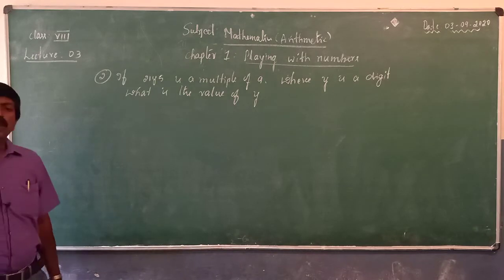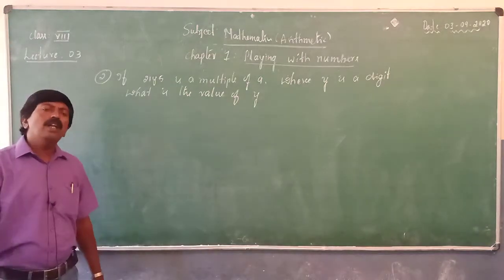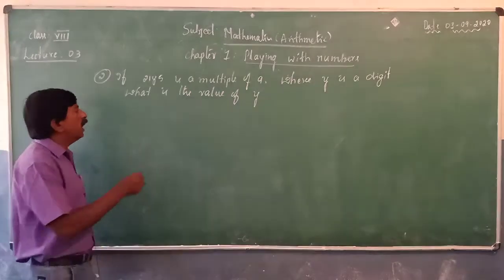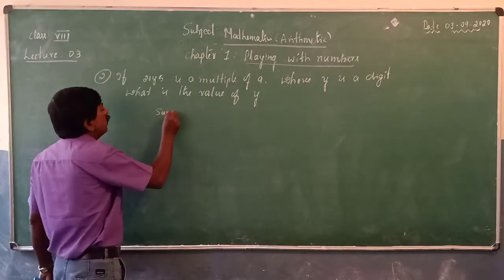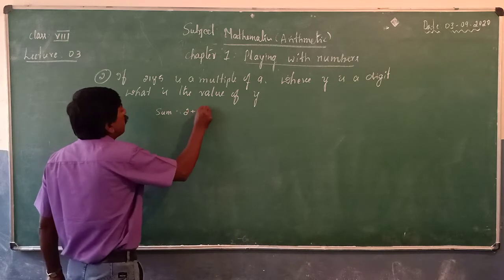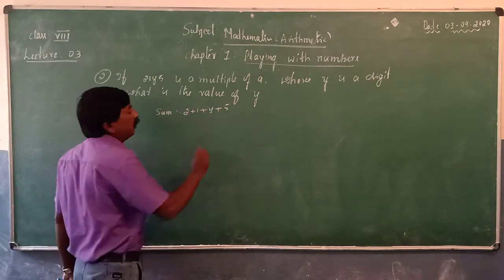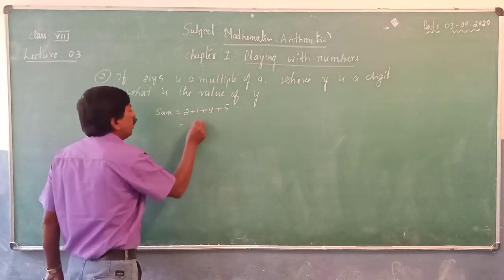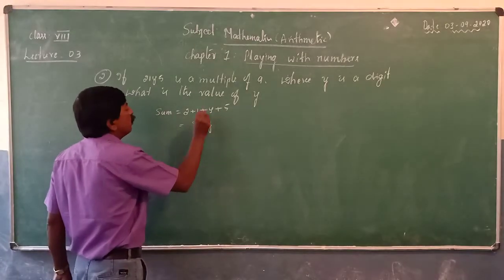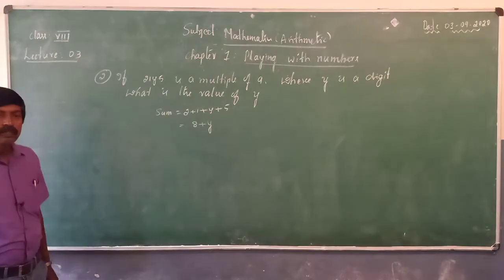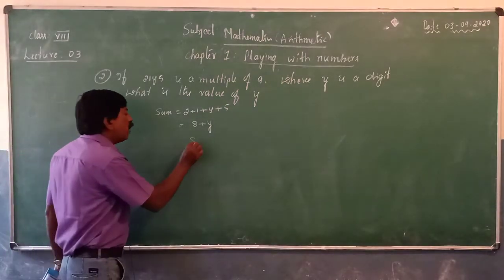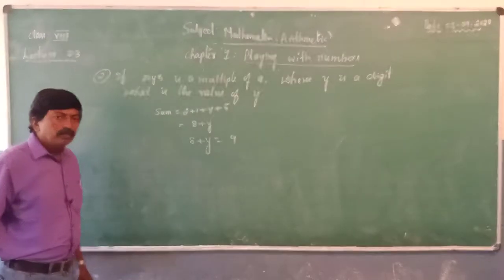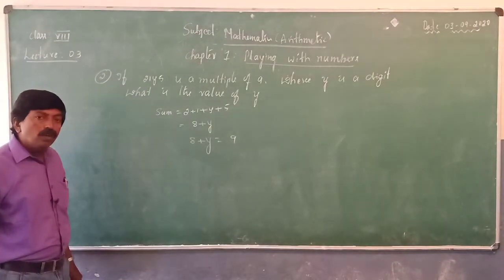Now the same procedure we have to follow. We already know we have to find the sum of the digits in the numeral. That is, the sum is 2 plus 1 plus y plus 5. Now 2 plus 1 is 3, 3 plus 5 is 8, 8 plus y. Now take 8 plus y is equal to 9.